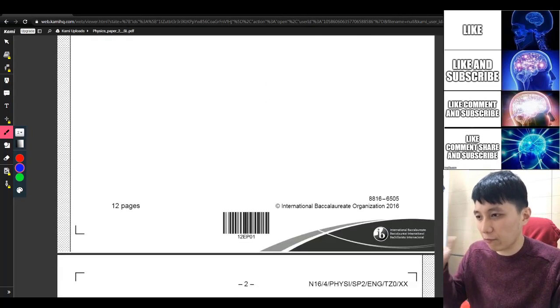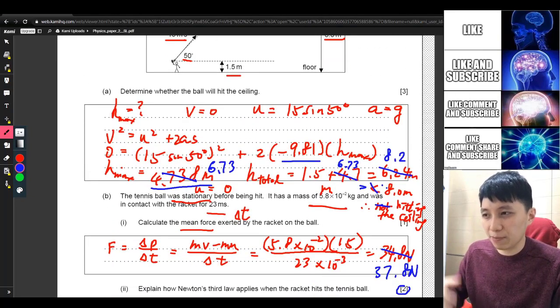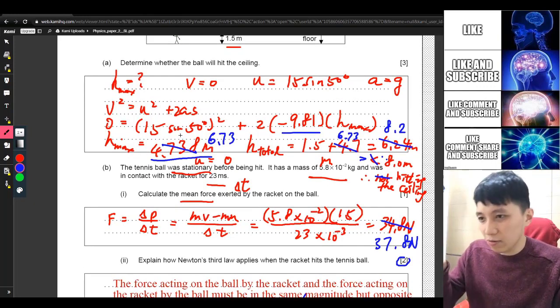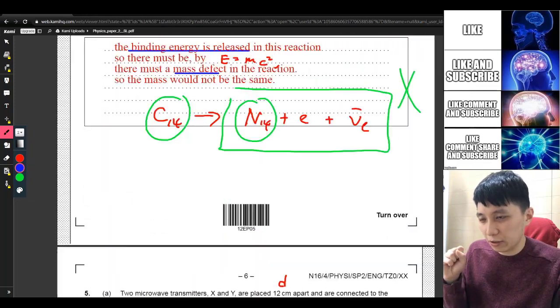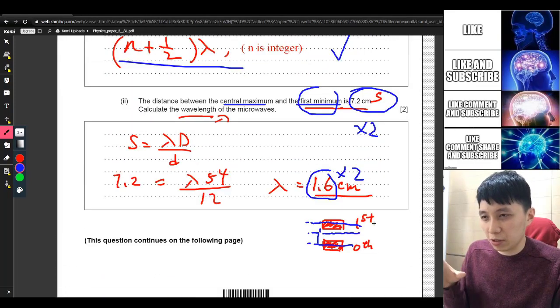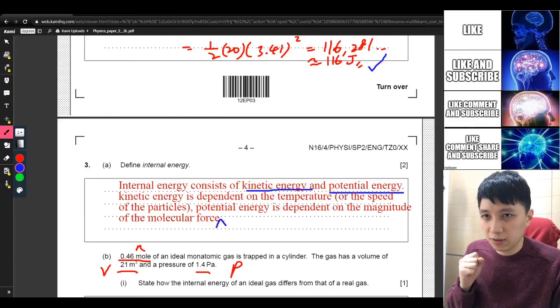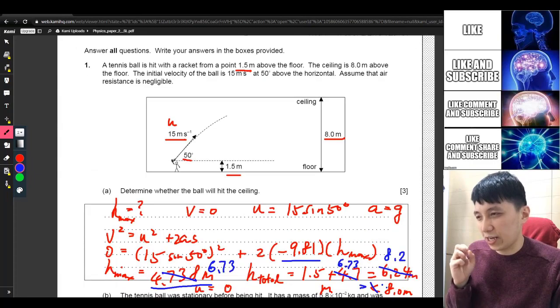So try to think of different ways to help you. Maybe double check. If I have time and double check, I probably can find out I made a mistake there. For this one at least, probably not for the fringe separation, because I was conceptually deceived by the question. But for some questions, maybe you can.